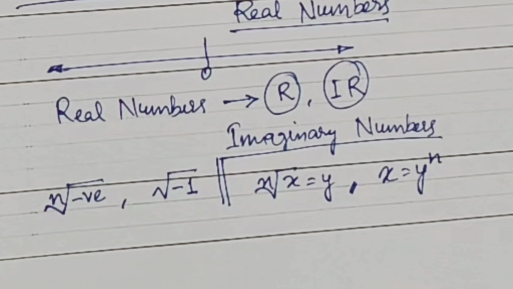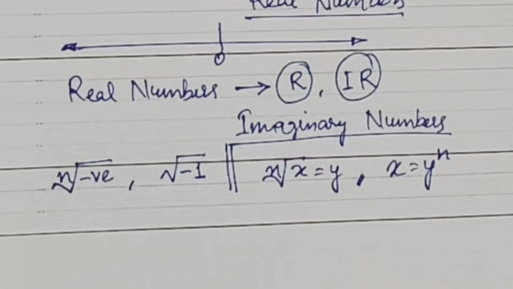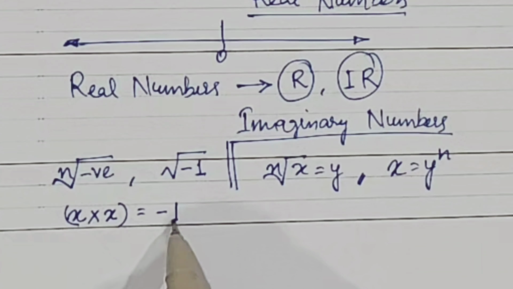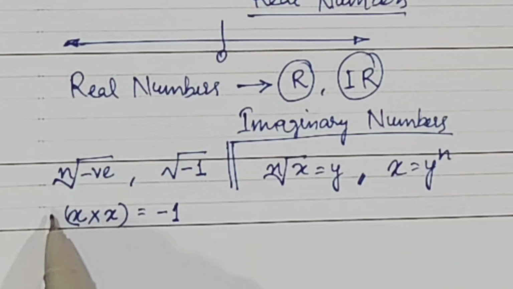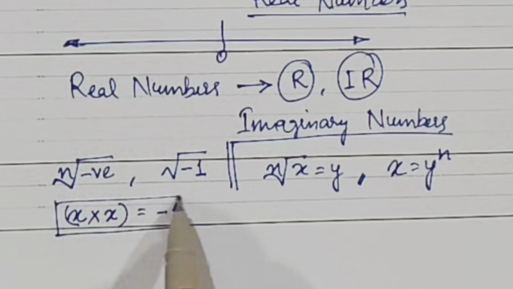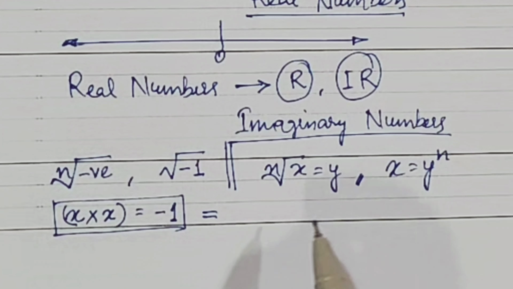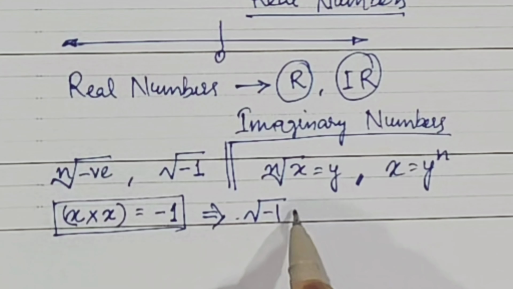Similar to that, if x is the number which multiplied by itself will produce a value of -1, and this holds true, then we can safely assume that square root of -1 is x.